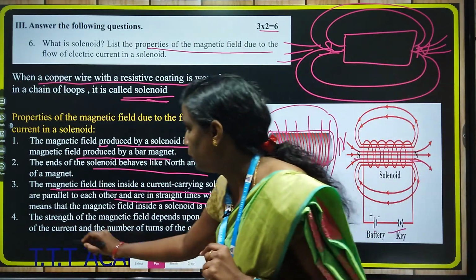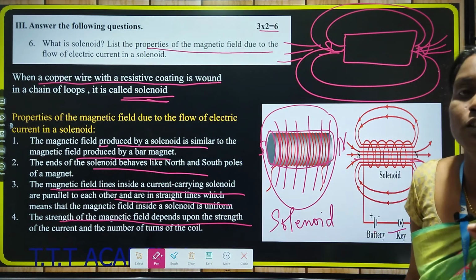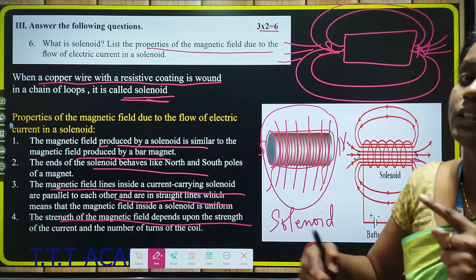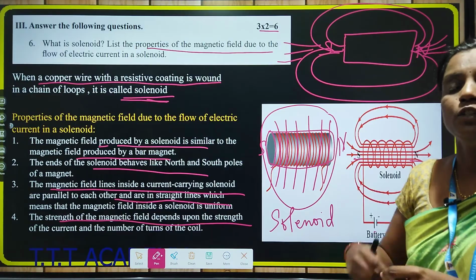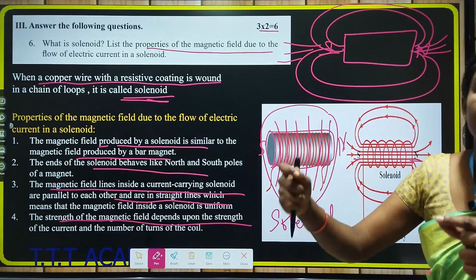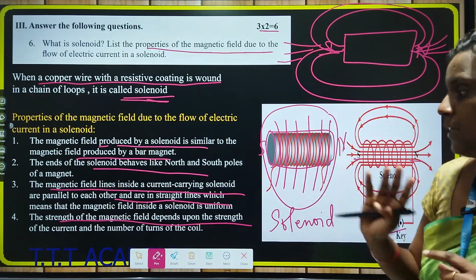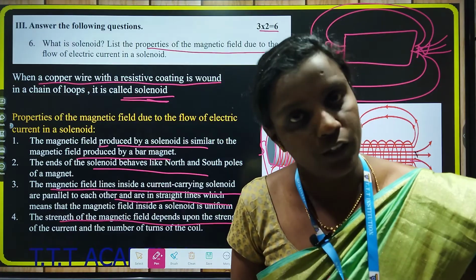Okay. Then the fourth property: the strength of the magnetic field depends upon the strength of the current and the number of turns of the coil. So, how many turns there are and how much current in amperes is passed, the strength of the magnetic field will depend on that.